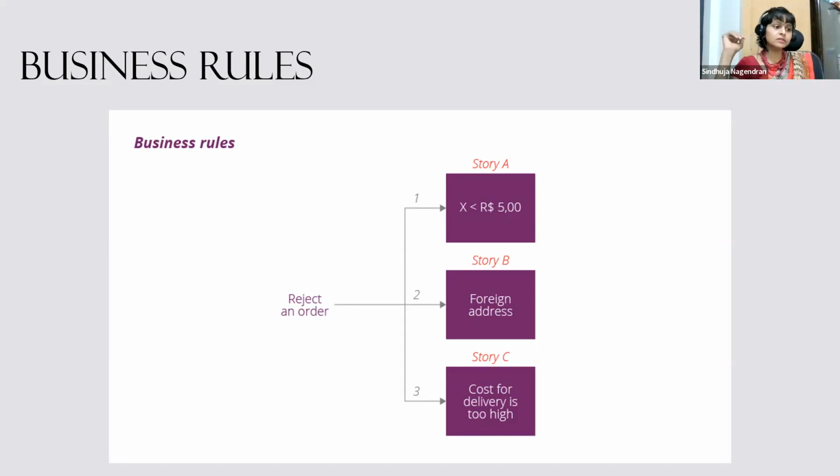If it is a foreign address, at this moment in our customized program we don't have any foreign orders. You are not about to take any foreign orders so far. Our cost for delivery is too high. Even in the same location, if you want to deliver something to remote places, the cost is high, and there may be some uncertainty in reaching the place. In that case, we can segregate that as a separate user story. So based on the business rules, we can split the user stories into small chunks.